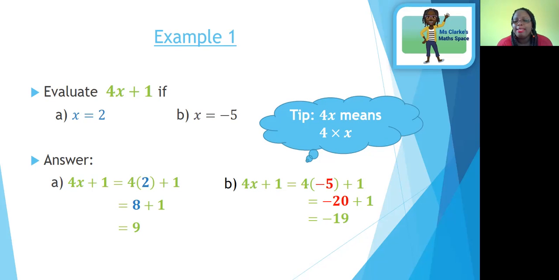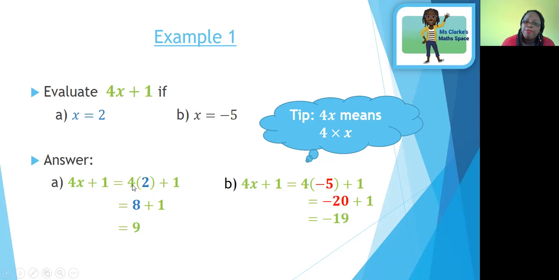A question in an exam paper might be, evaluate 4x plus 1 if x is equal to 2. So if x is equal to 2, that means we're going to be substituting, or replacing, x with the value of 2. So let's look at the first one here. 4x plus 1: instead of x, we are replacing this x here with the number 2 because x now has a value of 2.